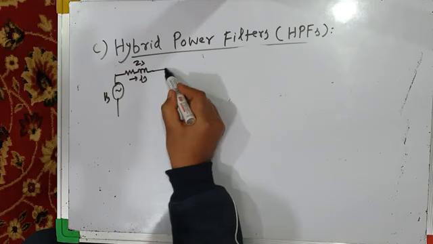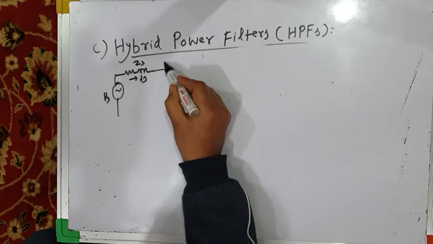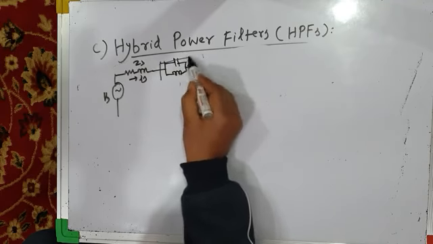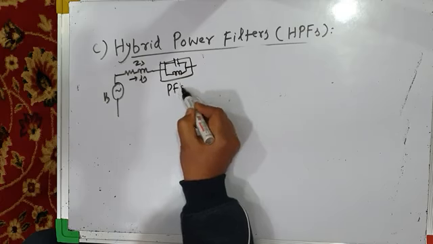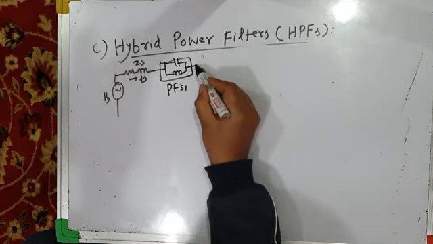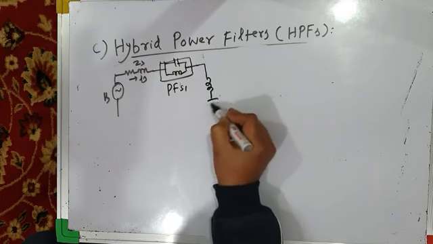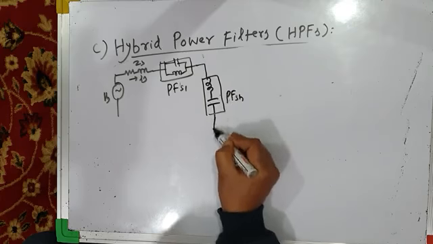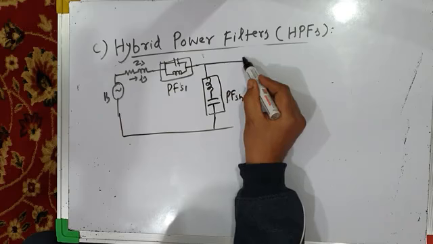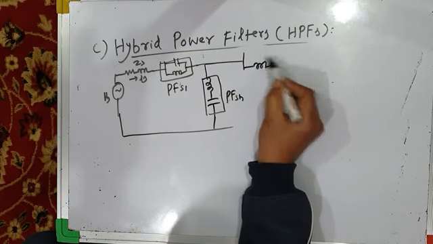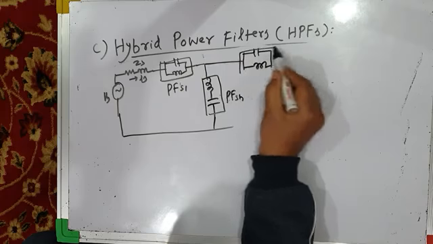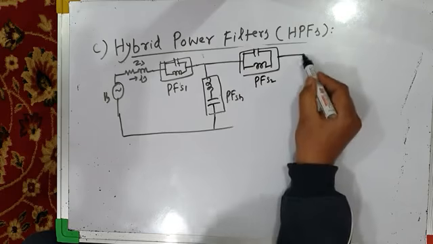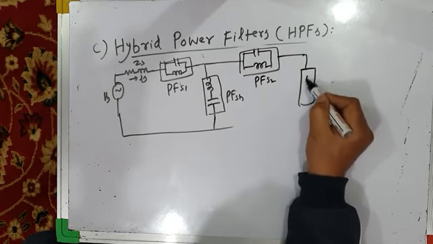Then you may have a series passive filter like this, PF series 1, and you may have a shunt passive filter, PF shunt SH, and you may have a second series passive filter, S2. Two series passive filters and one shunt passive filter. This is your nonlinear load.